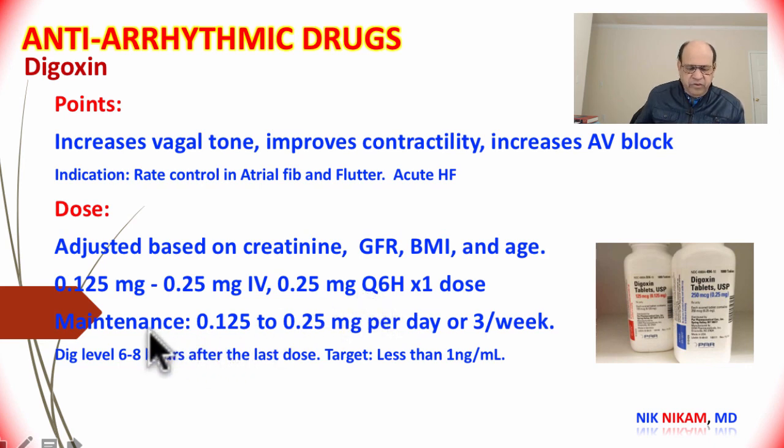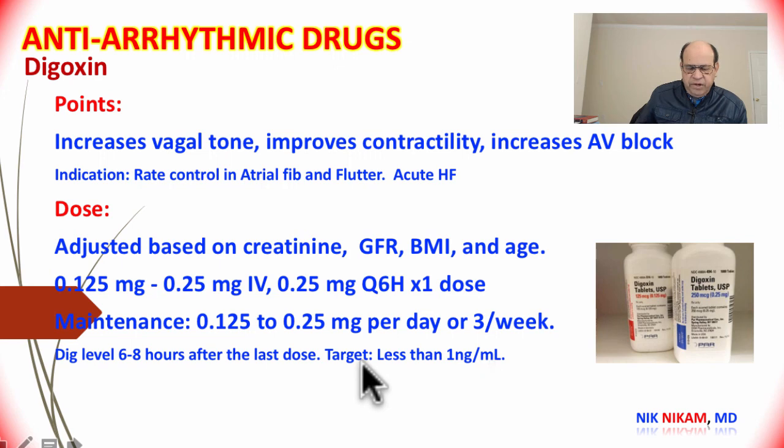The maintenance dose of digoxin is 0.125 to 0.25 milligrams per day or 3 days in a week in patients with renal failure or those who are on dialysis. In patients with atrial fibrillation, the level for rate control should be less than 1 nanogram per ml.